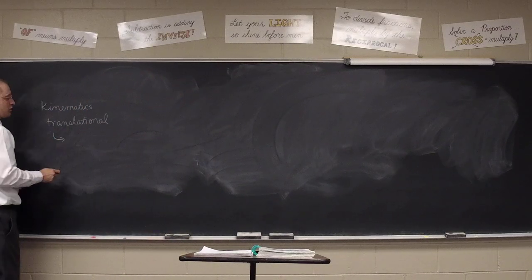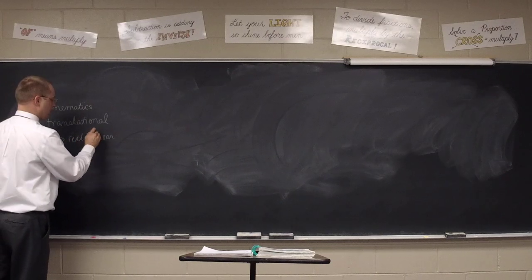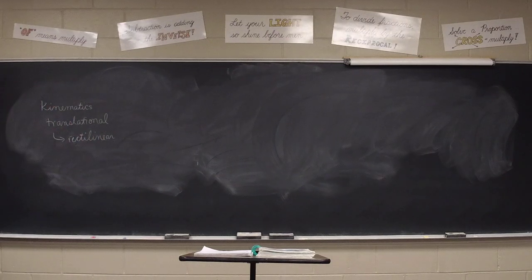There are two types of translational motion that we could look at. One type is called rectilinear motion. Rectilinear motion is motion along a straight line path. So when I walked a moment ago directly to that side wall, I was in a straight line.